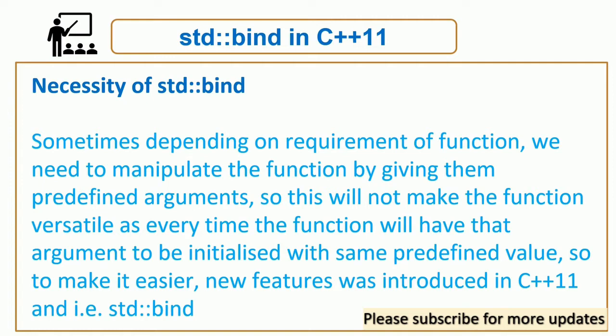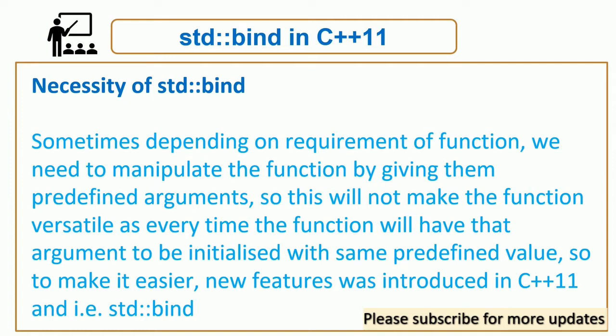If in future another requirement comes, what will happen? Since you have already made your function to take only that argument with the predefined value you are initializing, the same thing happens every time. You cannot modify your function if a different output requirement comes. In that case you don't have the versatility.